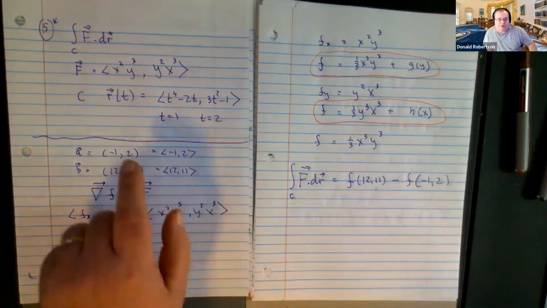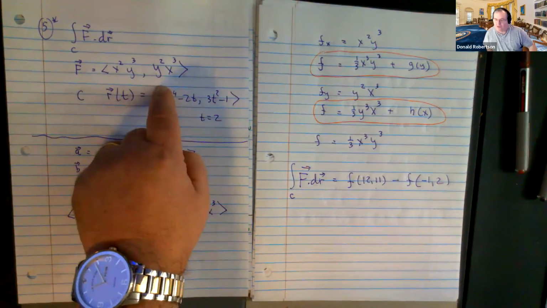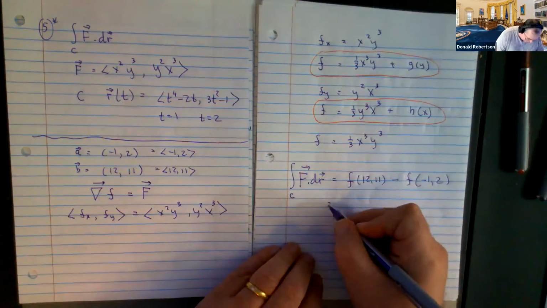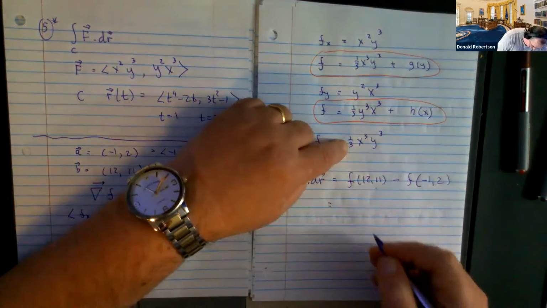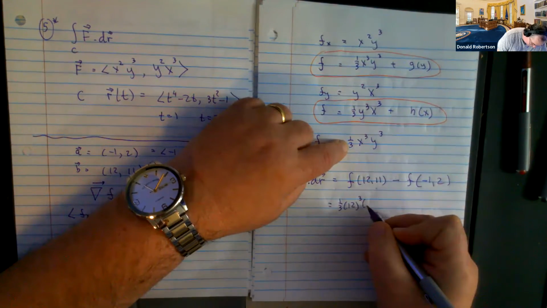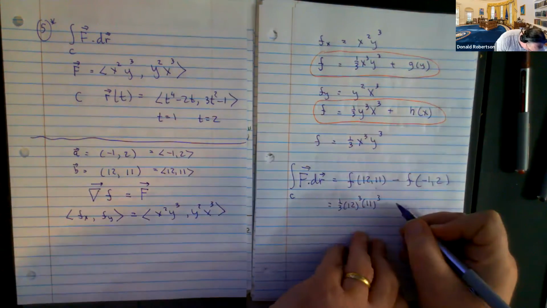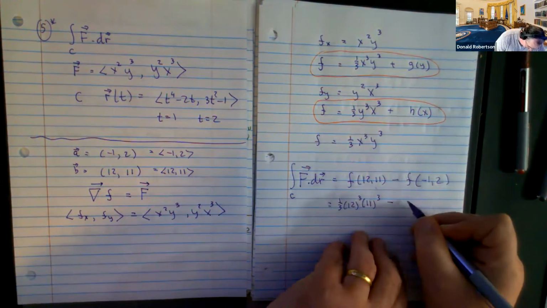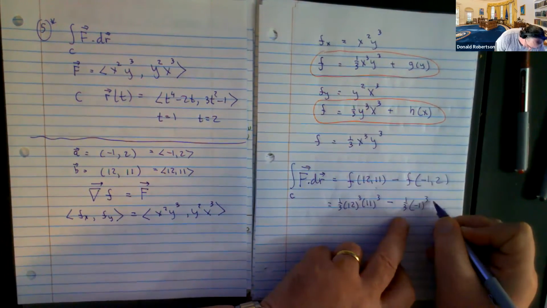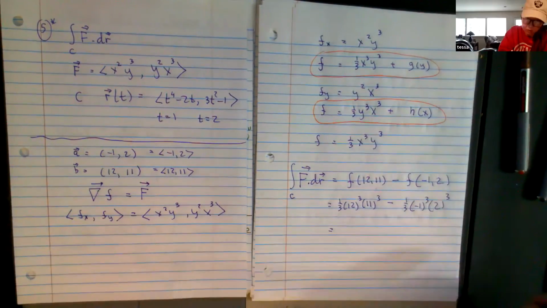I don't evaluate it at t equals 1 and 2. I evaluate it at the coordinates at t equals 1 and the coordinates at t equals 2, right? I guess that's saying the same thing. So if you do 1/3 times 12 cubed times 11 cubed, take away 1/3 times -1 cubed times 2 cubed, we should be good.